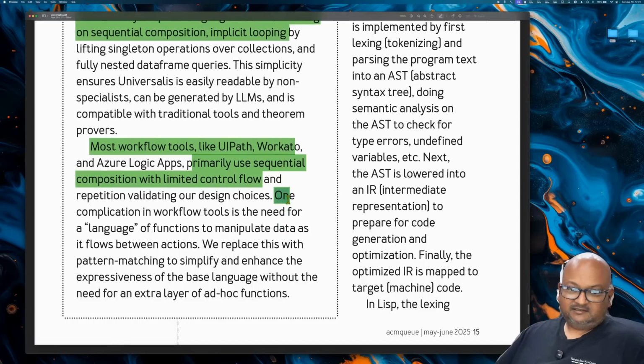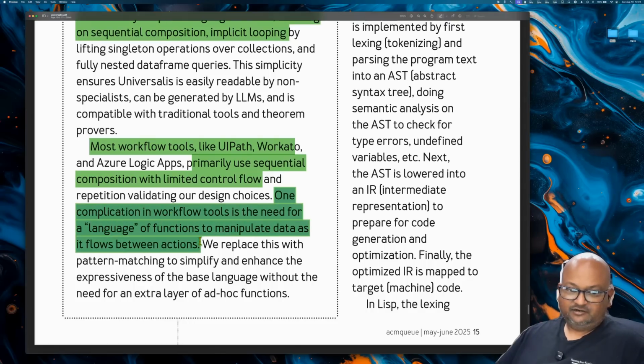But as the author correctly points out, the problem with all those workflow tools is they don't have a good abstraction to manipulate the data that is flowing between those workflow nodes. And that is exactly what he's proposing in Universalis, this neat syntax of hedges.